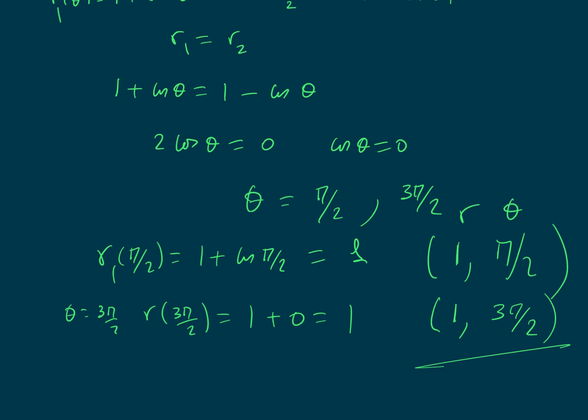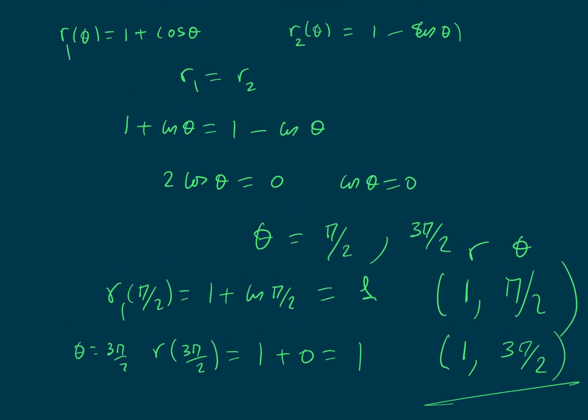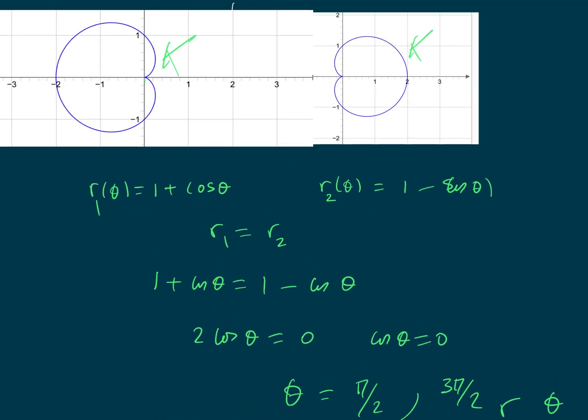And the point R equals 0 is not a point of intersection, because when R equals 0, you cannot make 1 plus cosine of theta equal 1 minus cosine of theta. You cannot satisfy this equation because there are two different thetas at the 0. Okay, this is the problem.